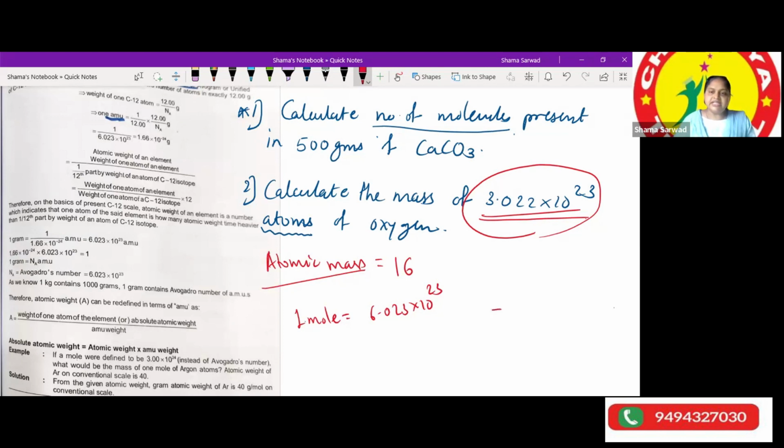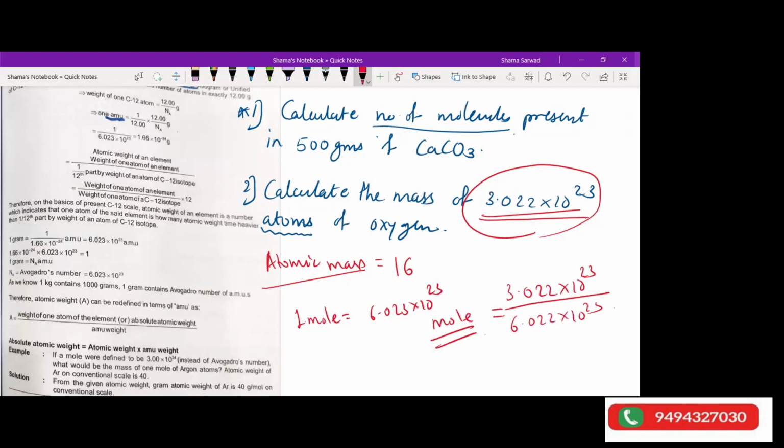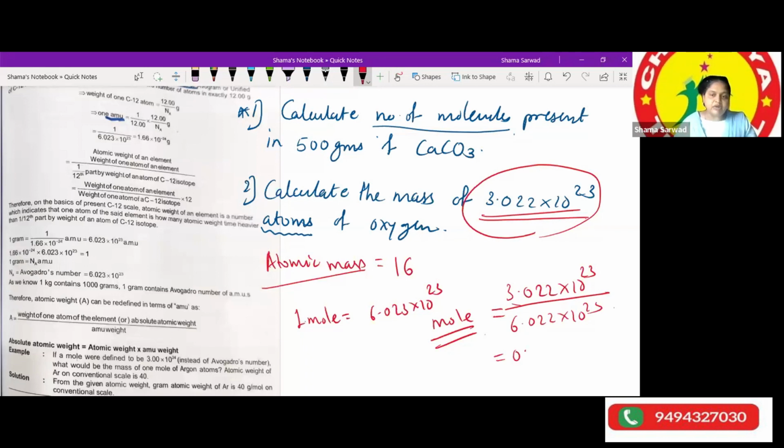Mass of the substance is equal to given number of particles 3.022 into 10 raised to 23, divided by Avogadro's number 6.022 into 10 raised to 23. This is a mole, correct? That is equal to 1/2, 0.5 we can say approximately.